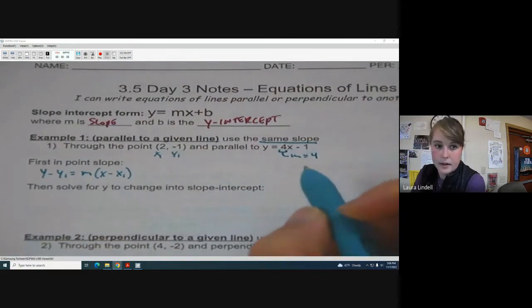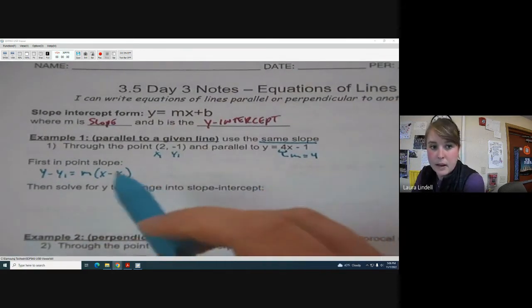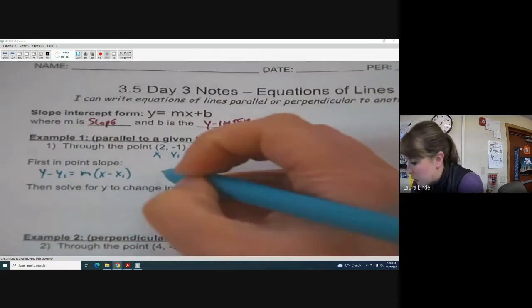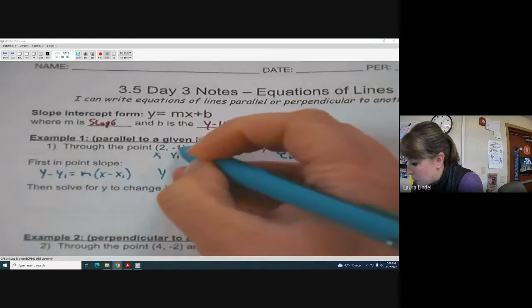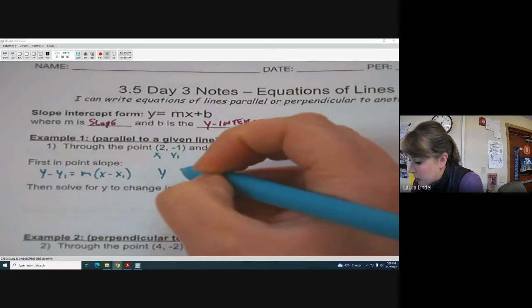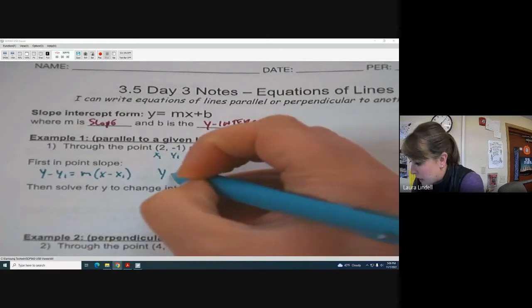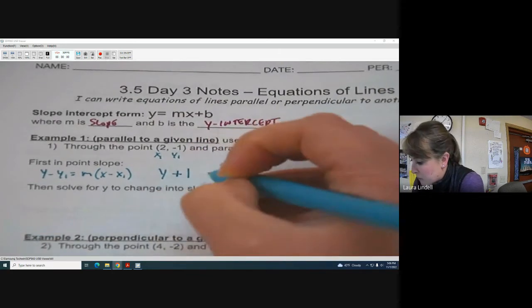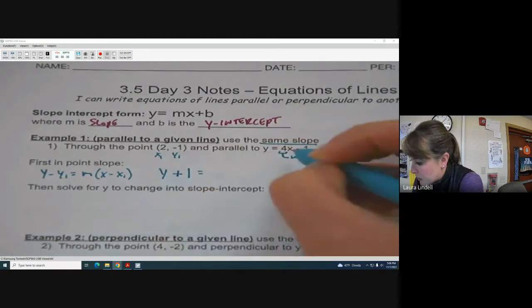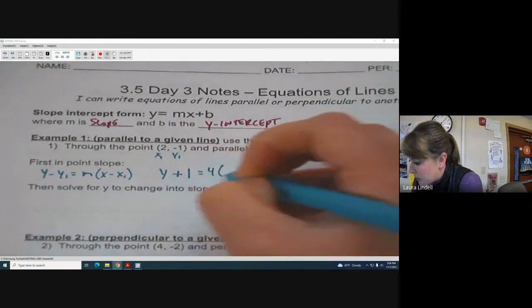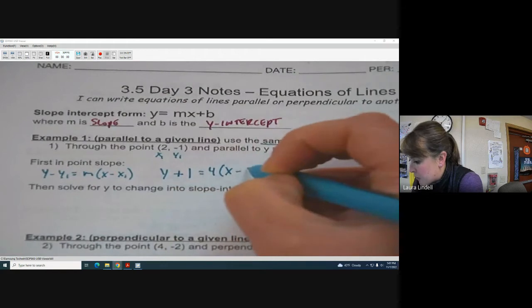So we're going to use that information and put it in point slope form. So we're going to go y minus y1, but y1 was -1. So y minus -1 is really like y plus 1 equals our slope 4 times x minus x1, x minus 2.